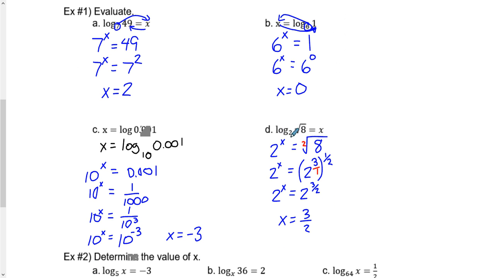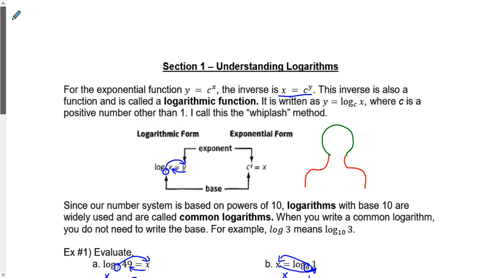Because if this was base 1, so log base 1 of x, well, 1 to the power of what gives you what? 1 to the power of anything will just give you 1.